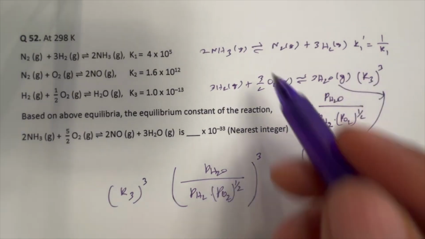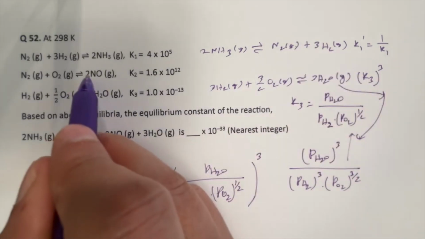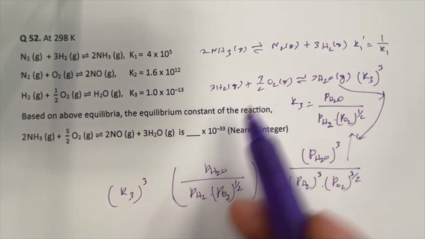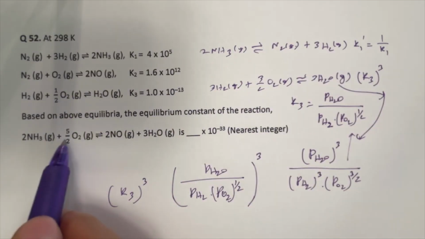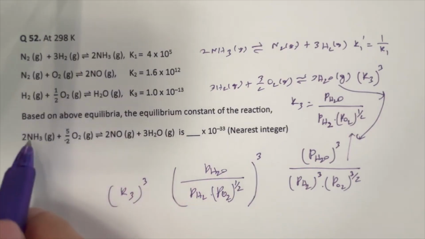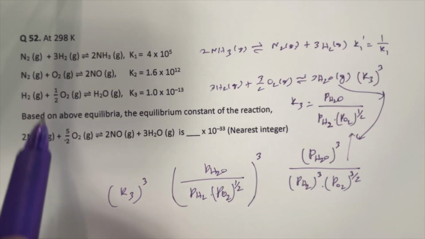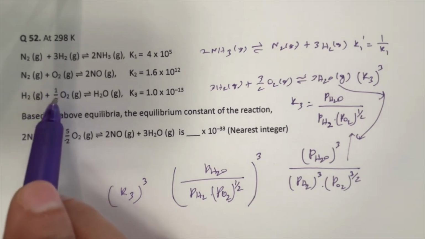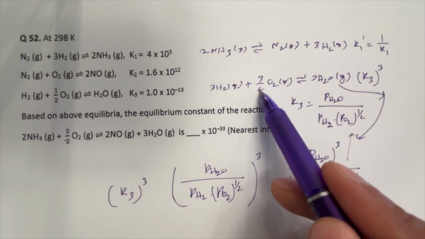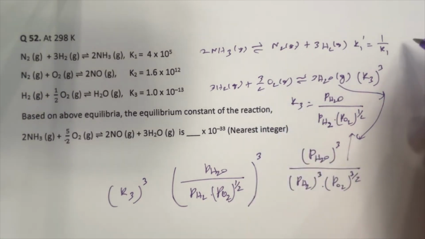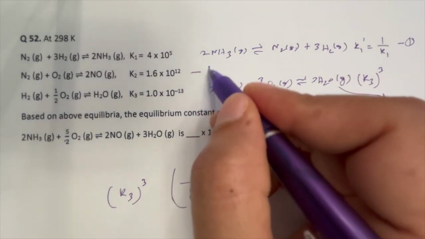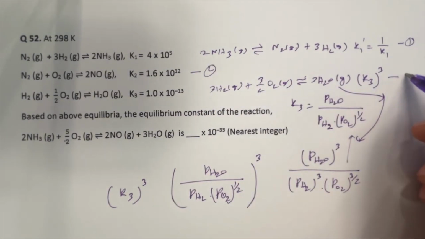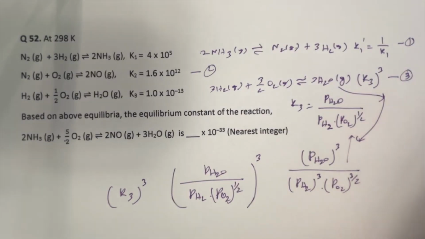Now, if we add this one and this one, we can get this one, because we have 2 times ammonia, and then this is 1 times O2, this is 3 by 2 times O2. So basically we are adding up. So let's say this is equation 1, this is equation 2, and this is equation 3.